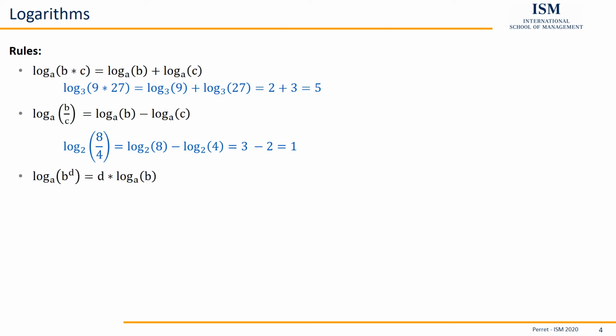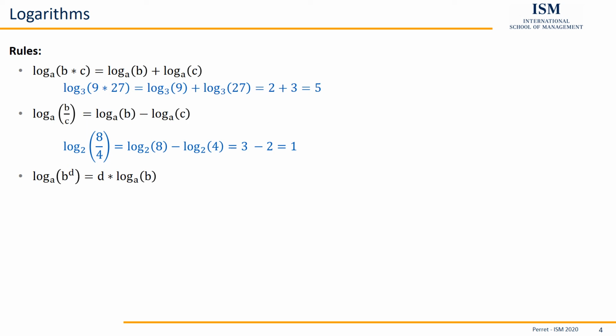And finally, that's the rule I also applied before. If I have any logarithm, so here log a of b to the power of d, I can always pull the exponent in front of the logarithm. In particular, if I have like an exponent of minus 1, I could also pull this in front.